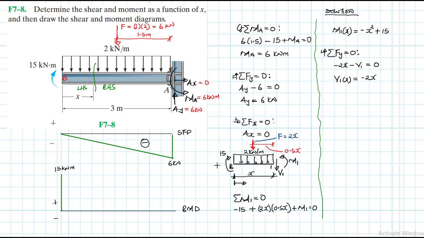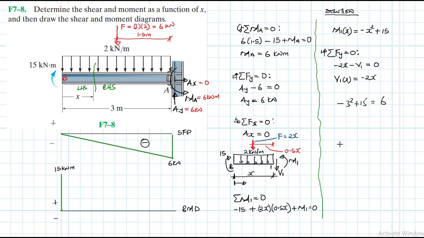And then later on, when x is equal to 3, this becomes minus 3 squared, which is 9, so minus 9. So we have minus 3 squared plus 15. What does this give us? It gives us a 6. Okay, this gives us a 6.